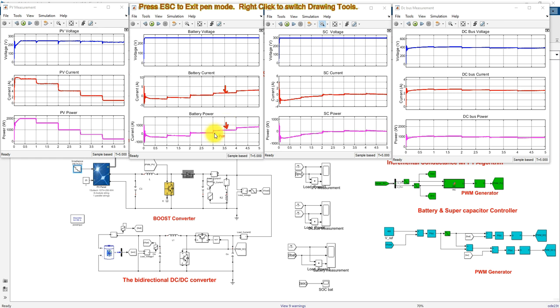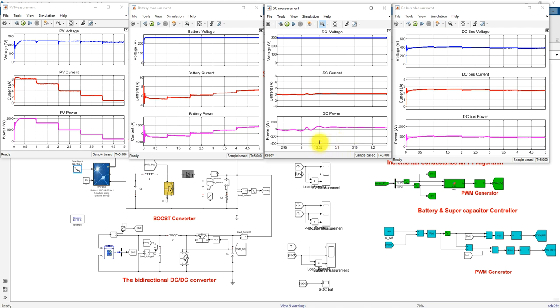Also during the reduction of PV power, what happened? The supercapacitor is aiding some power for a short time. When you examine this, you can see the variation. When there is a reduction in the PV power, the supercapacitor will provide some power during that transient of reduction of PV power from 1000 to around 500.